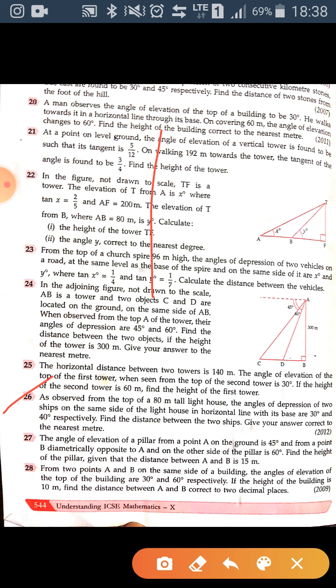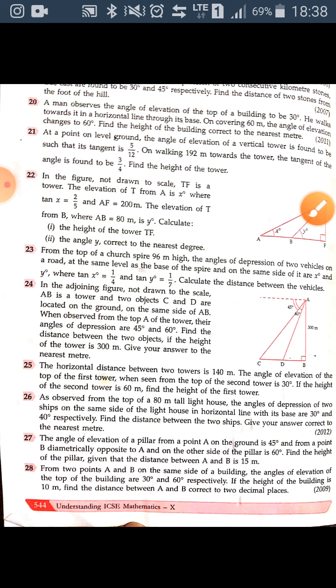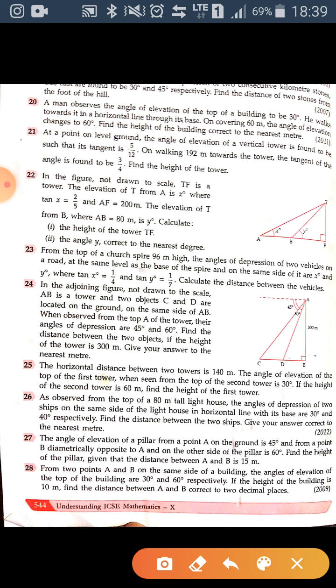Yes, and then wait, A and B are on the same side of the building. Wait, no, this is not exactly similar to 26. Okay, let's draw the diagram, then we'll understand which sum it is exactly similar to.